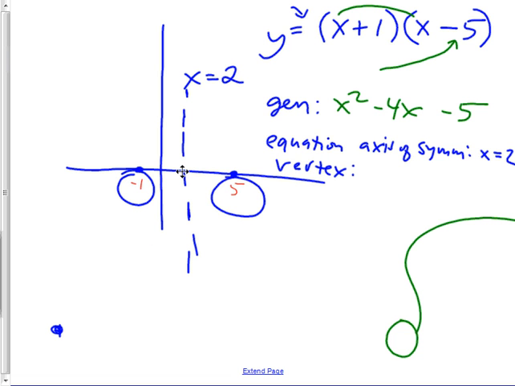We got to figure out where this vertex is. We know it's on this line somewhere down there. So where exactly? If you know that this x is 2, this is really, really important. Whenever they tell you something like x equals 2, you can just put it in the equation. Find out lots of good stuff. If x is 2, I can put a 2 in right there and right there. That makes 3 and -3.